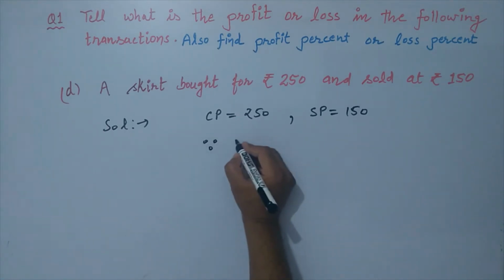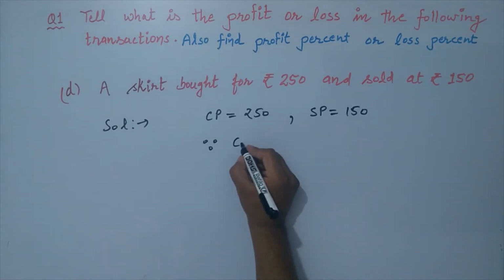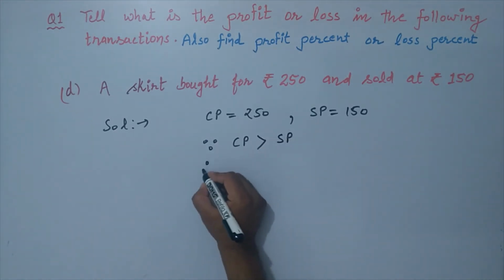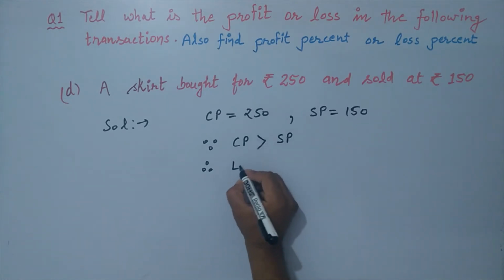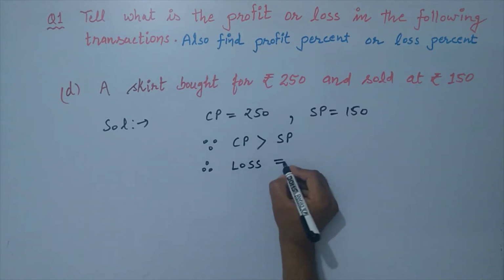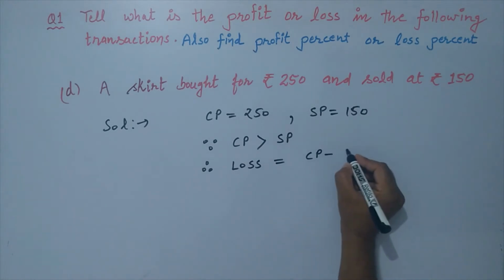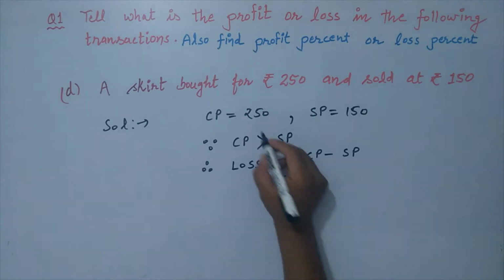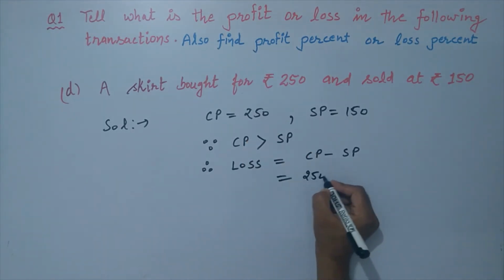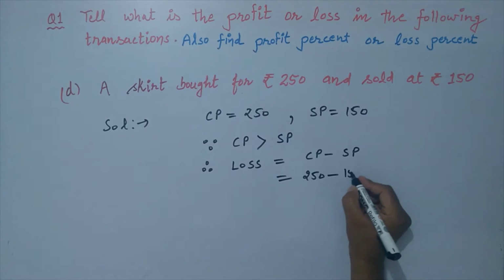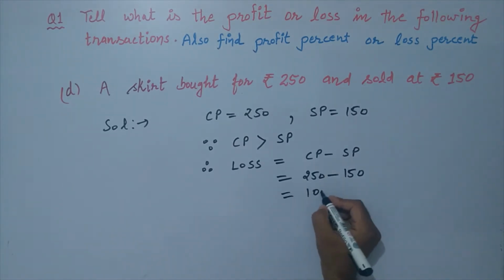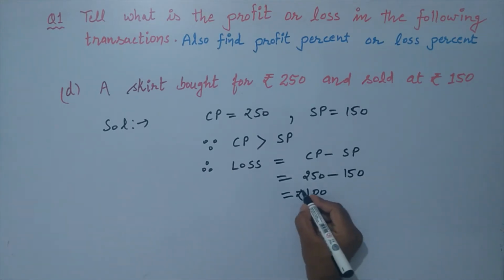Because cost price is greater than selling price, therefore here we have the loss. Loss is equal to cost price minus selling price. That means cost price is 250 minus selling price is 150. So this is equal to 100. What is the loss? Rupees 100 loss is there in this transaction.